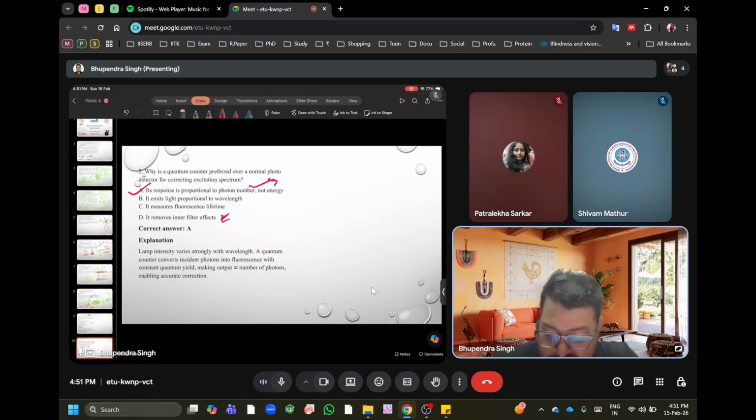The explanation is, lamp intensity varies strongly with the wavelength, which we have already talked about. A quantum counter converts incident photons into fluorescence with constant quantum yield, because the concentration in this quantum counter is too high. That is why the quantum yield at all the wavelengths is constant, making output directly proportional to the number of photons, enabling accurate correction.